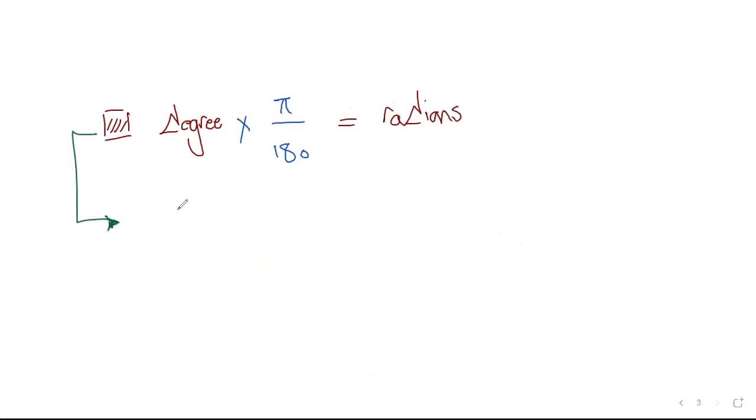For example, 45 degrees. How much radian is it? We multiply 45 degrees by our unit of conversion, which is pi over 180.